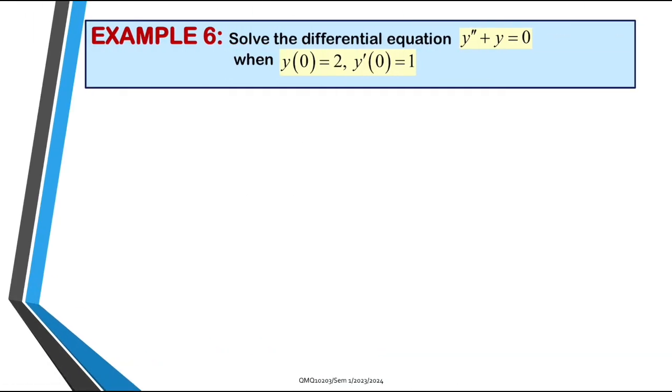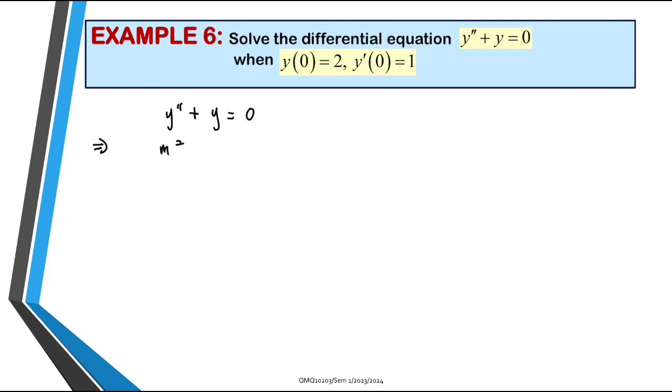Example number 6. Solve the differential equation y double prime plus y equals 0. Given the condition y(0) equals 1, y prime(0) equals 1. So we have y double prime plus y equals 0. So change this equation into auxiliary equation.